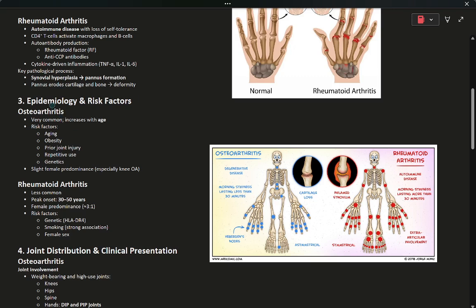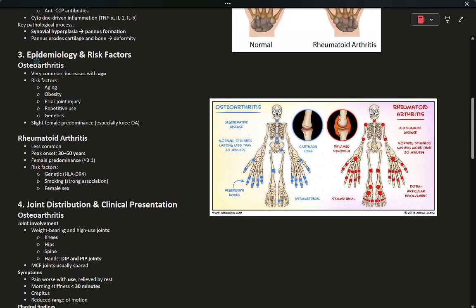Let's move on to the epidemiology and risk factors for these two diseases. So for osteoarthritis, it happens to be very common, and the prevalence will increase with age.